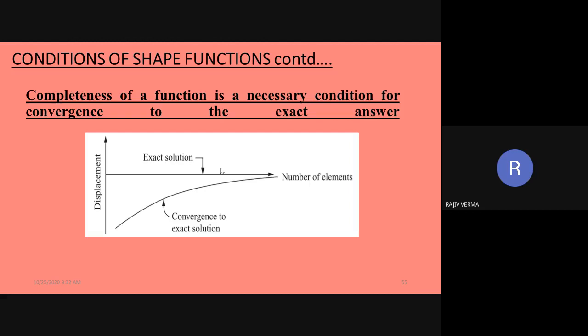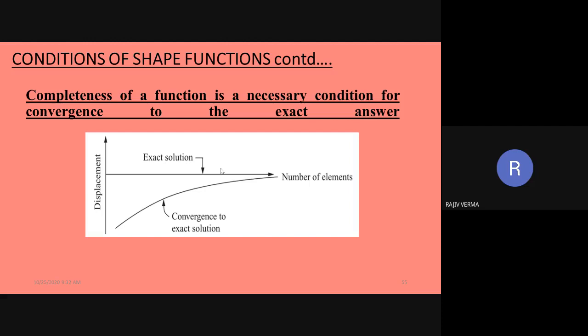Please notice that the FEM solution is going to converge to the exact solution, but the FEM solution itself is not going to give you the exact solution.